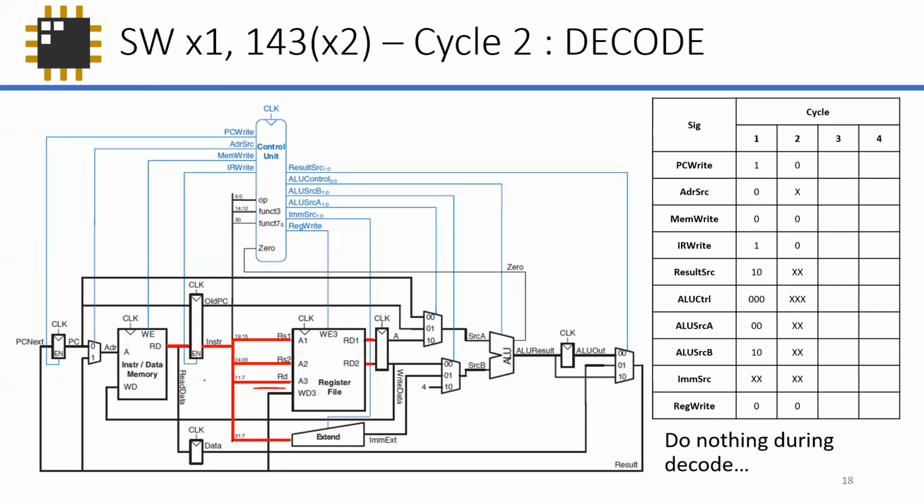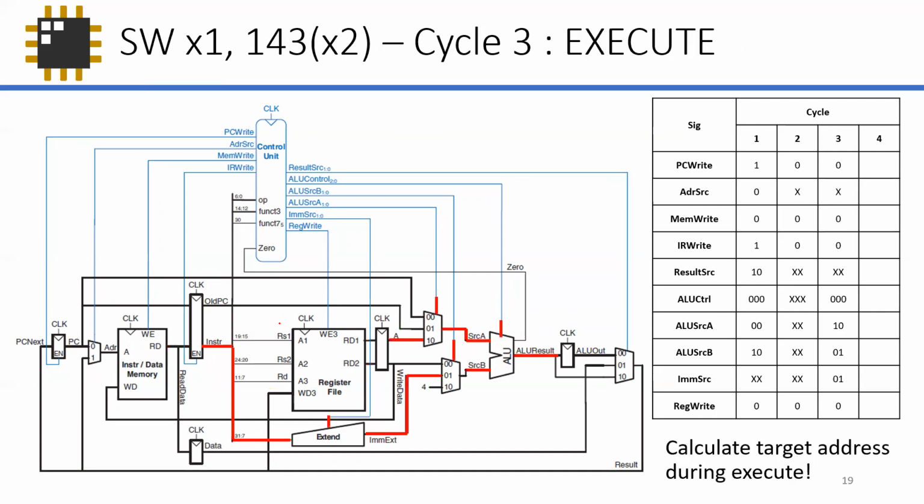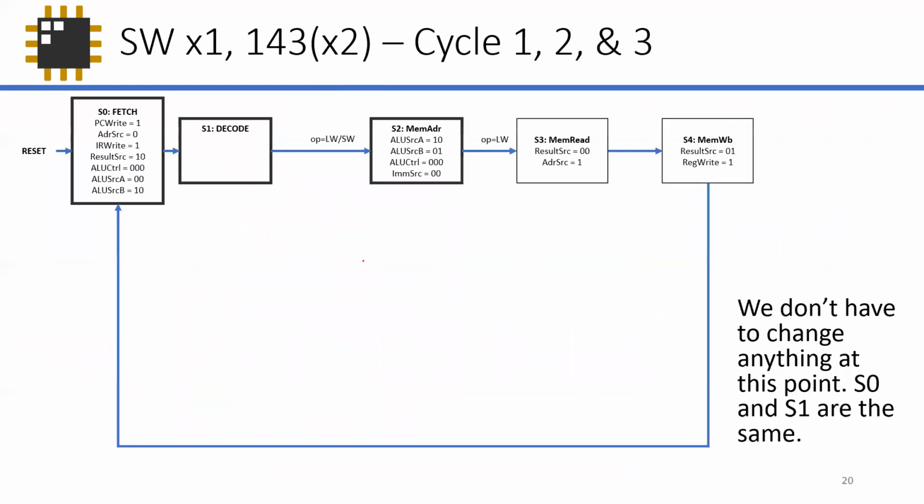It's just fixed when you loaded it into the intermediate register. So the decode stage is pretty much the same. The execute stage is also the same because you do this register plus immediate operation. So when you look into your state diagram, you don't change anything.